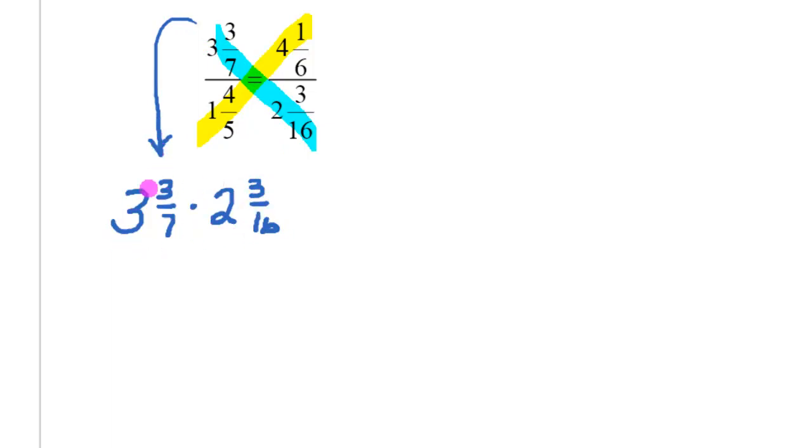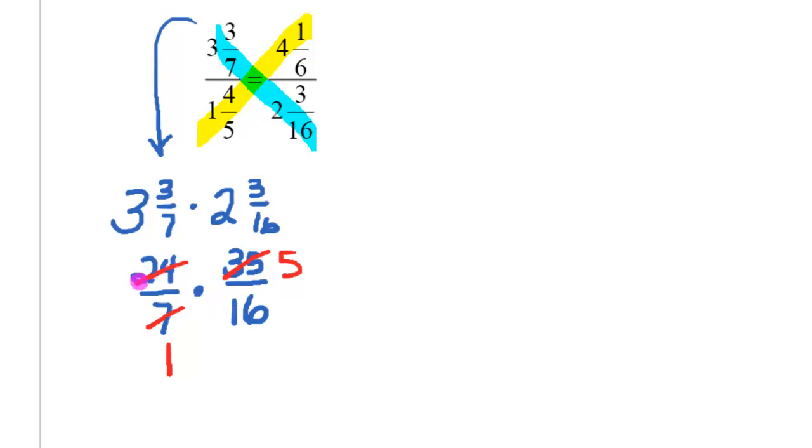And you know with fractions we need to change this to improper. So we go 7 times 3, which is 21, plus 3 is 24/7 times, and here we get 16 times 2, which is 32, plus 3 is 35/16. And here I'm seeing that we can actually do some reducing before we multiply straight across, because the 7 goes into the 35. So 7 into itself once, 7 into 35 5 times. The 24 and the 16, they look like they have a 4 factor in common. So we're going to divide both by 4.